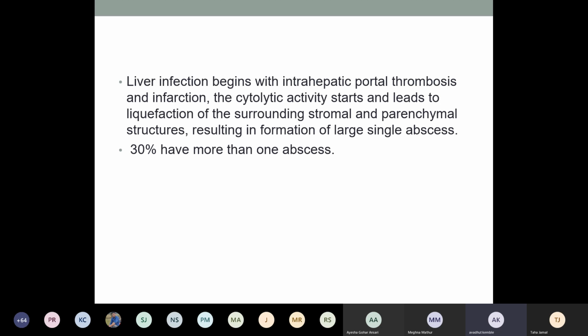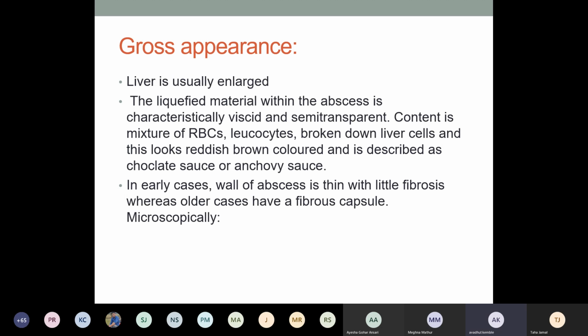In 30% of patients with amoebiasis, you can get multiple abscesses, and the continued process leads to coalescence of multiple abscesses into a single abscess, leading to a large liver abscess.